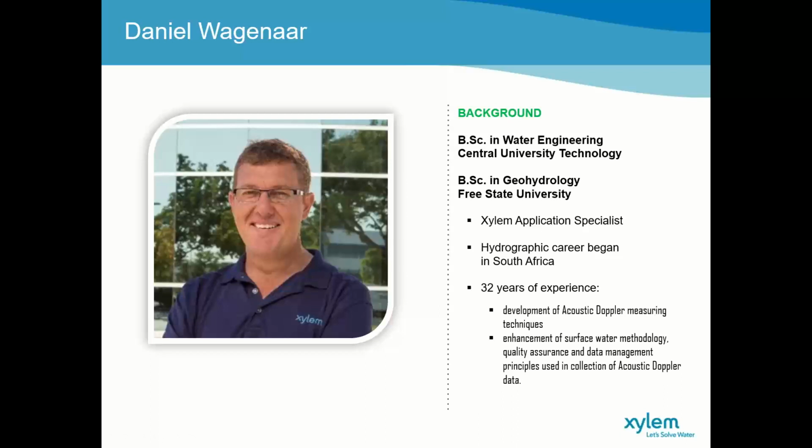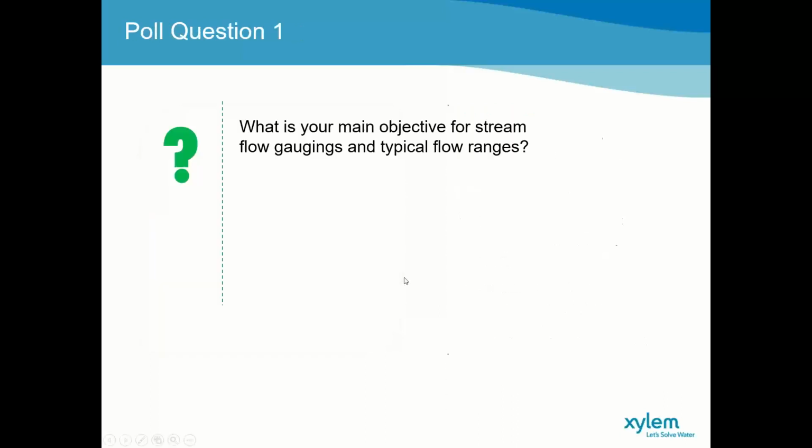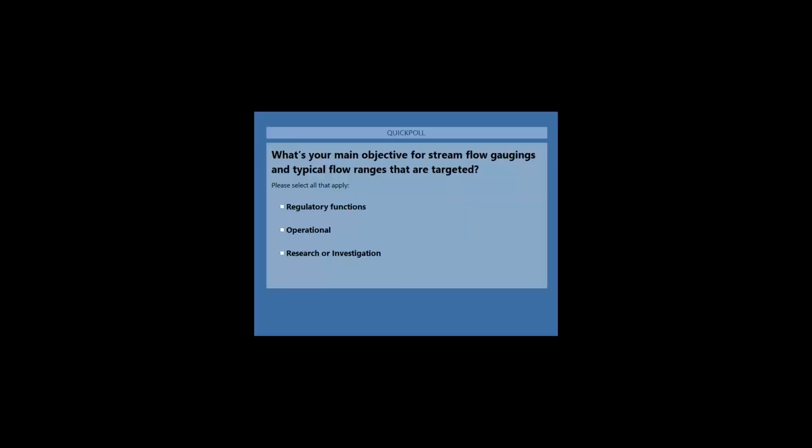Before I bring Daniel out, I'd just like to gauge our audience and why you've joined this webinar here today, and invite you to participate in our very first poll question, which I'm launching right now. On your screen, you should see a blue poll with the question, what's your main objective for stream flow gaugings and typical flow ranges that are targeted? So kindly move your mouse over the answer that you'd like to respond with and simply click with your mouse, and that will activate your poll question.